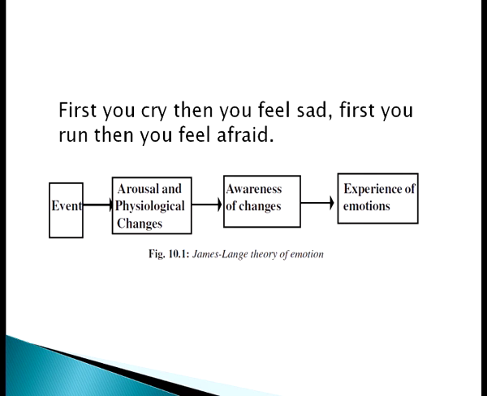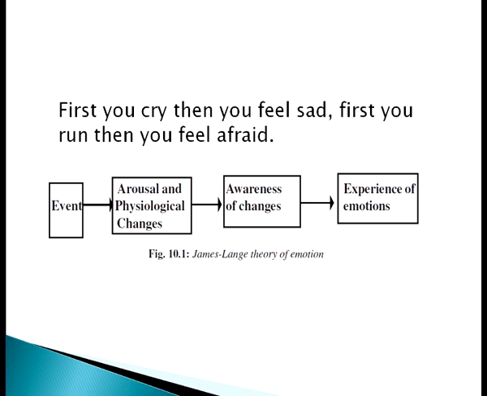That is, first you cry, then you feel sad; first you run, then you feel afraid. With this theory, we just want to know how we feel emotion. According to James-Lange, in order to feel emotion, first of all there has to be a change in the body, and when we realize that the changes are occurring in the body, then we experience emotion.